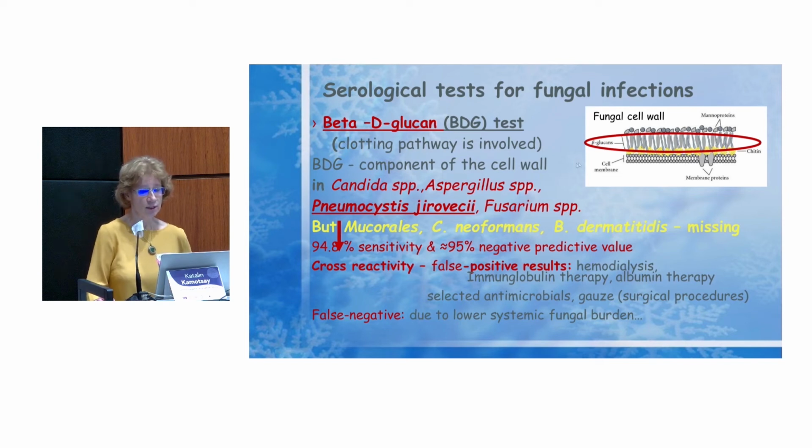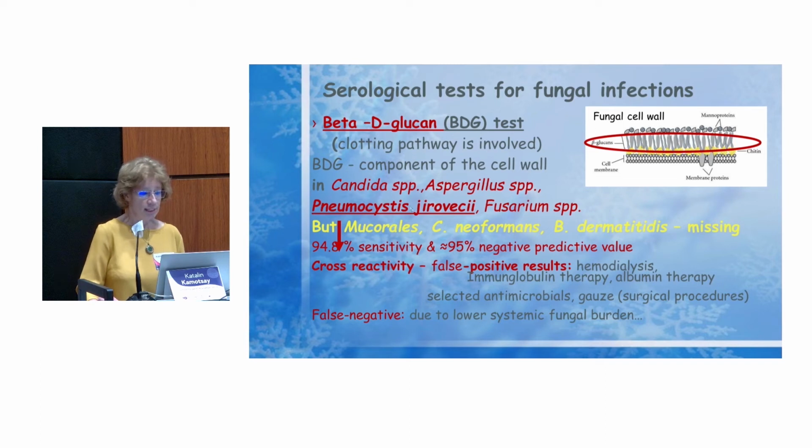It uses the clotting pathway, and because beta-D-glucan is a component of the cell wall in many species, but some are missing, like Mucorales and also Cryptococcus neoformans, which is not so frequent, but a definite infectious agent in HIV patients and our neutropenic patients.